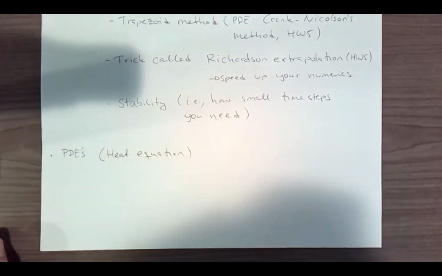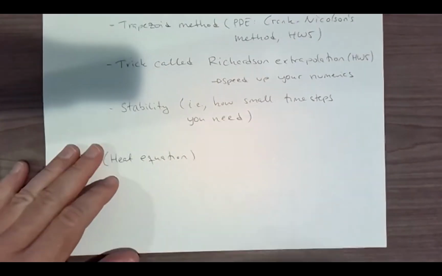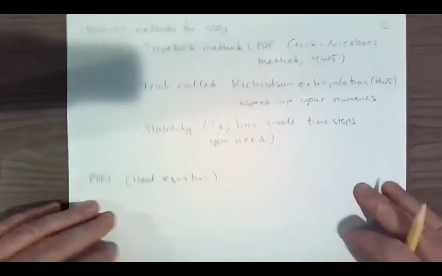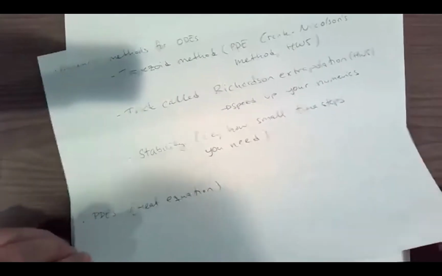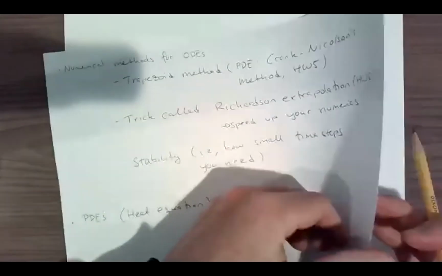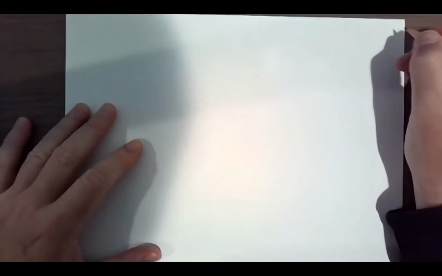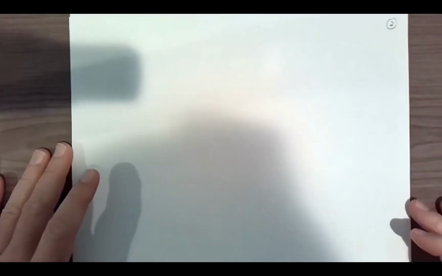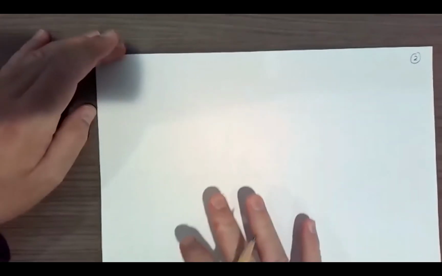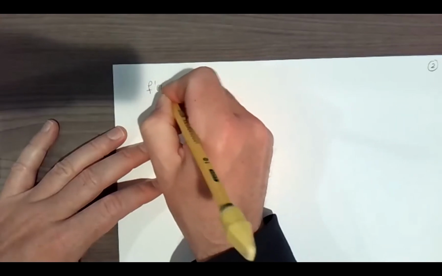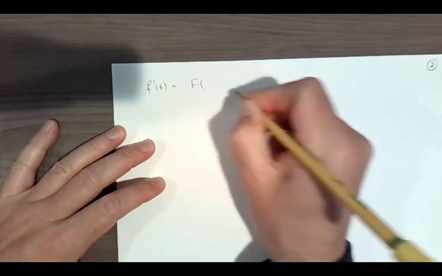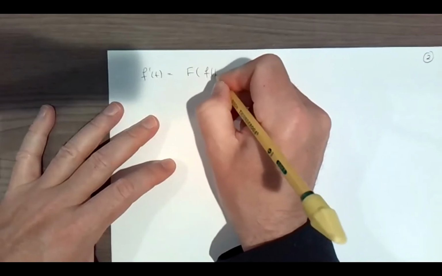Okay, so let's start with introducing this trapezoid method. So we have an ODE of the form f prime of t equals f of t.